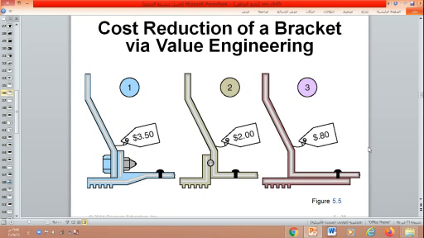Cost reduction of a bracket via value engineering. The brackets on this slide still perform the same function but with different prices. فإذا احنا ملاحظين في picture number 1 السعر هنا عندي $3.50.